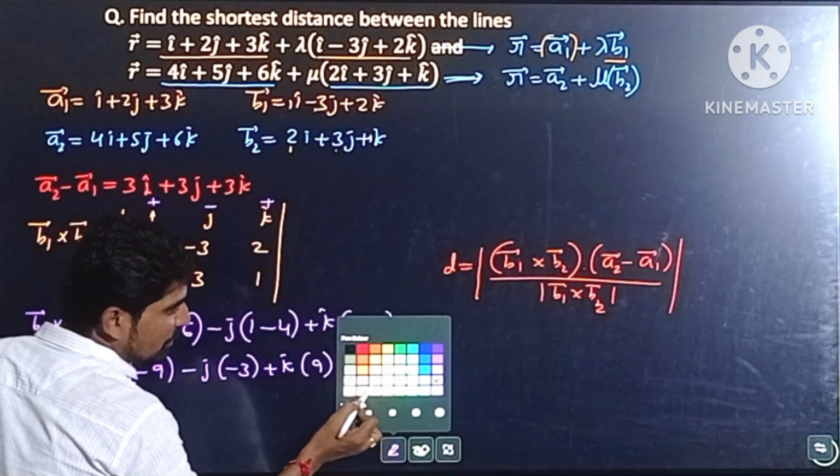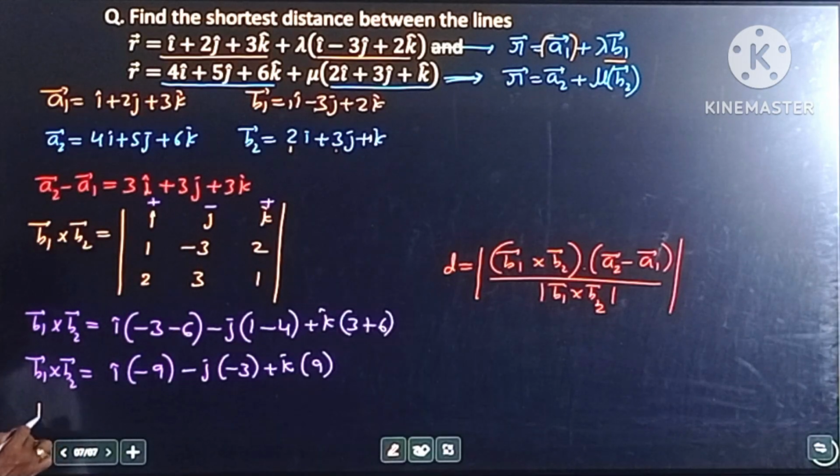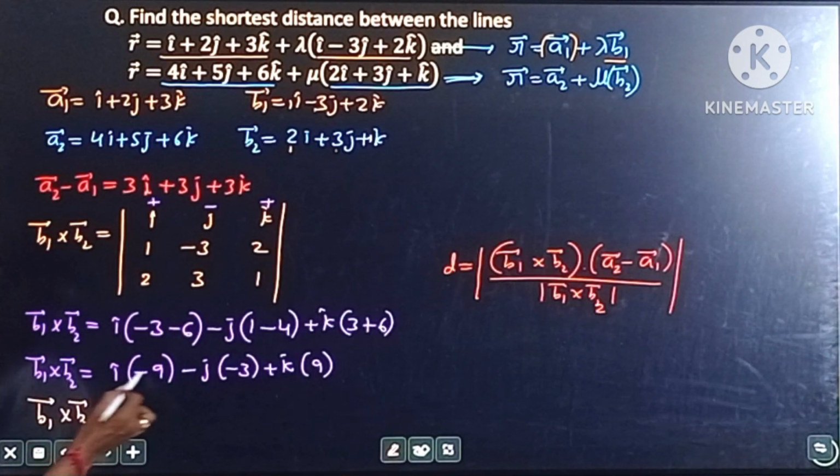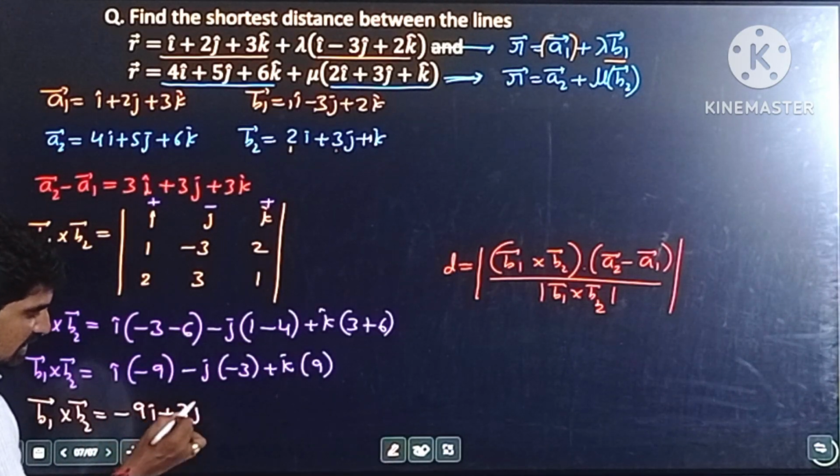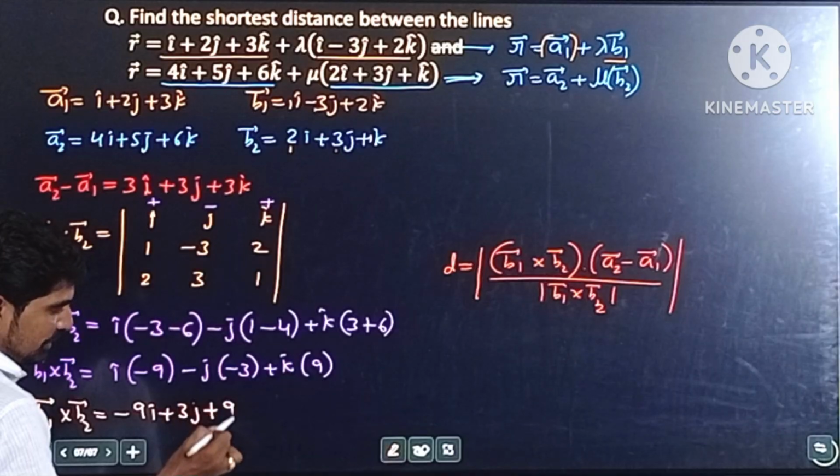So finally, b1 vector cross b2 vector equals minus 9i plus 3j plus 9k.